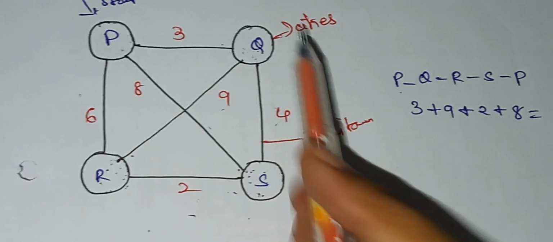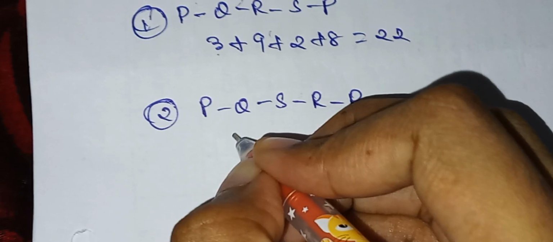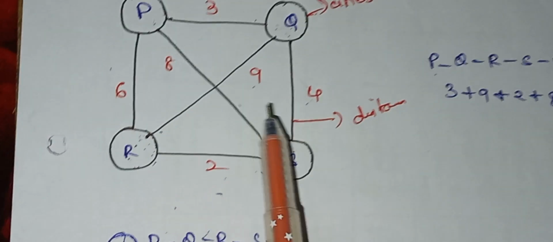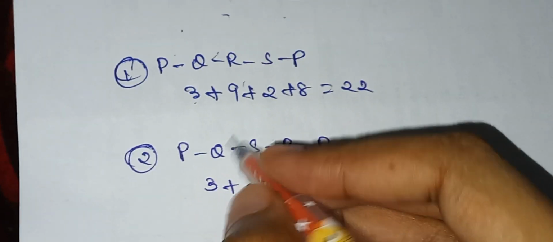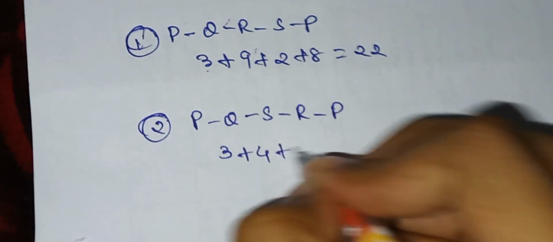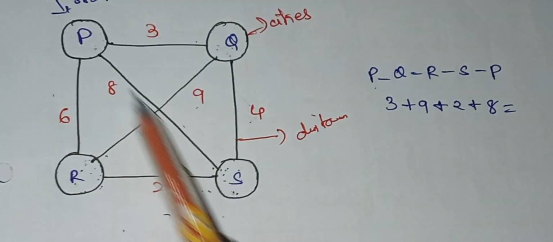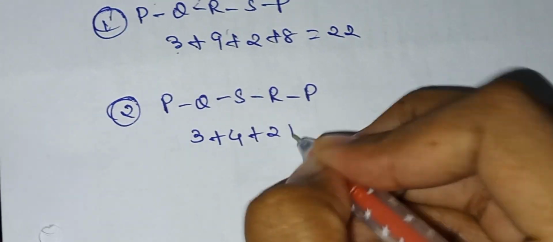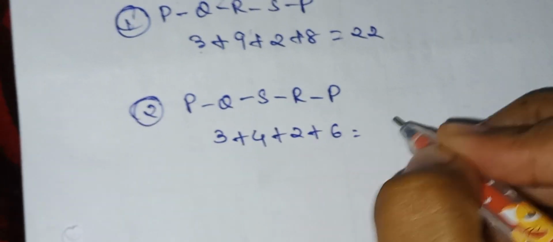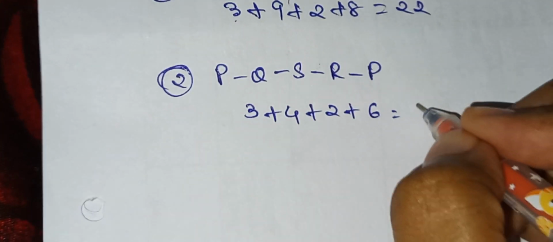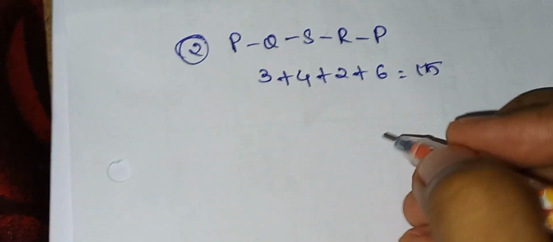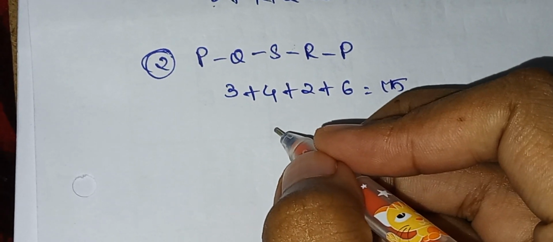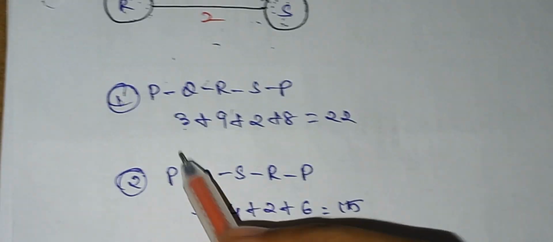P to Q is 3, plus Q to S is 4, plus S to R is 2, and R to P is 6. That is equal to 15. So this is the second permutation.